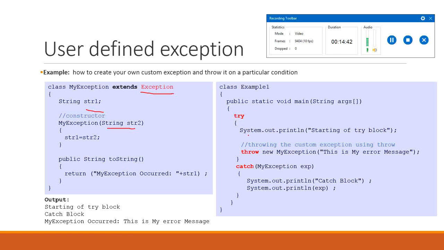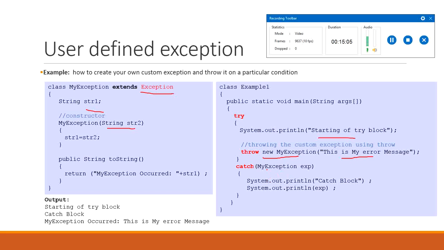Alright, in the try block I am printing the message starting of try block, and then I am throwing my exception and passing some message over here. Why a message? Because I am using the parameterized constructor. If I were using the parameterless constructor, then I would have to leave this empty.